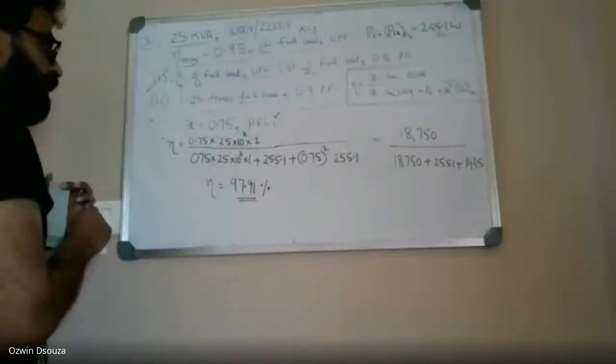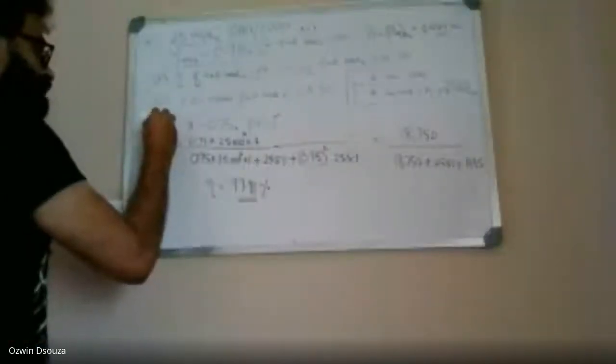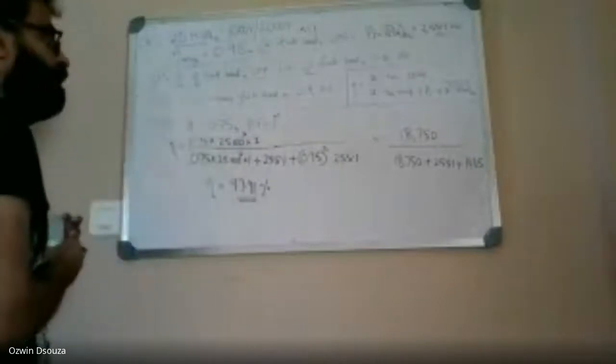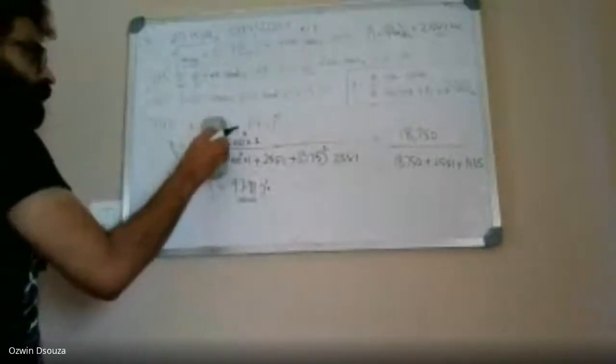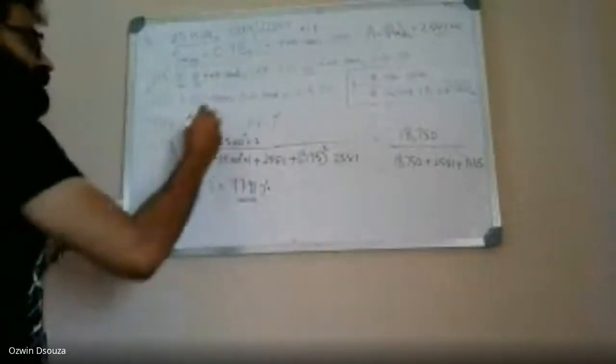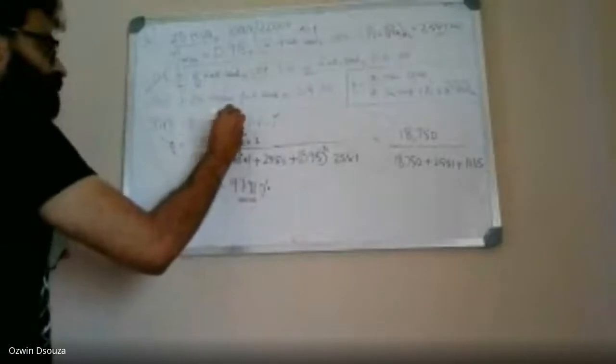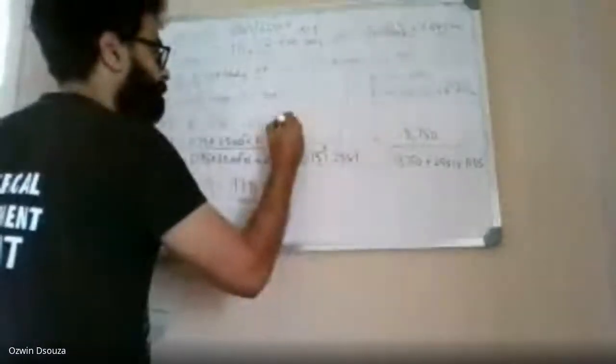So part 2, let me handle now. I will just change the values on the board. What is given in part 2? Half full load and 0.8 power factor. So half of the full load, that is X is 0.5. And what is the power factor? 0.8.